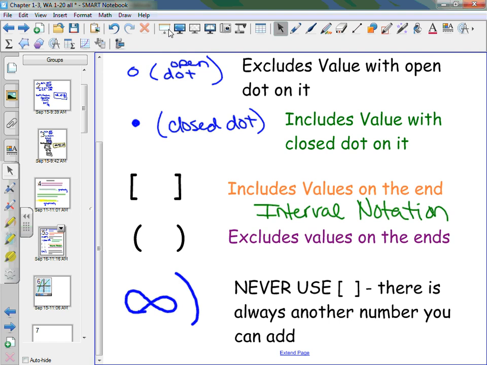What we're going to do is go back to all those examples that we just did in class, and we did the domain, and we're going to put that in interval notation so that you can see us write in interval notation. Is everybody ready?